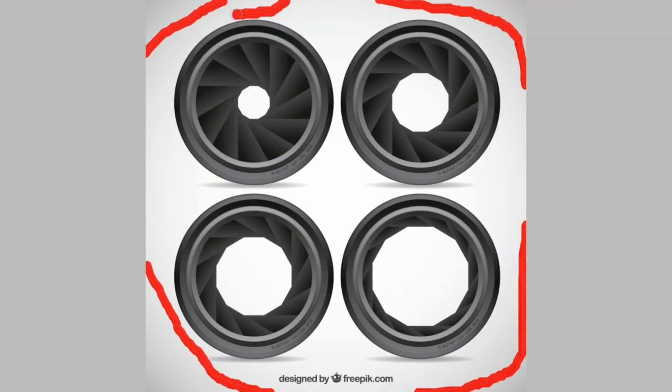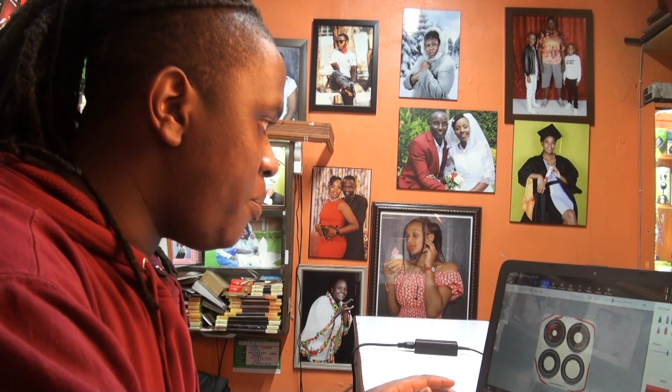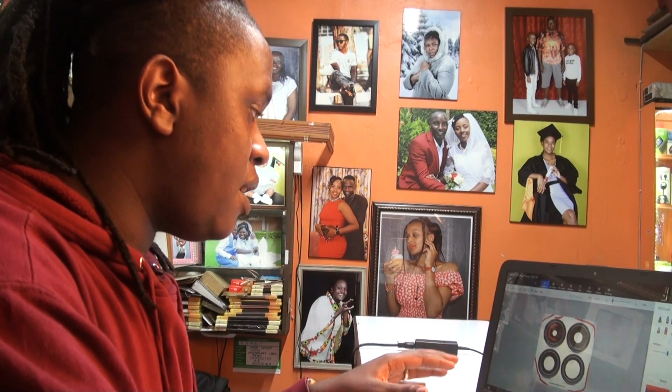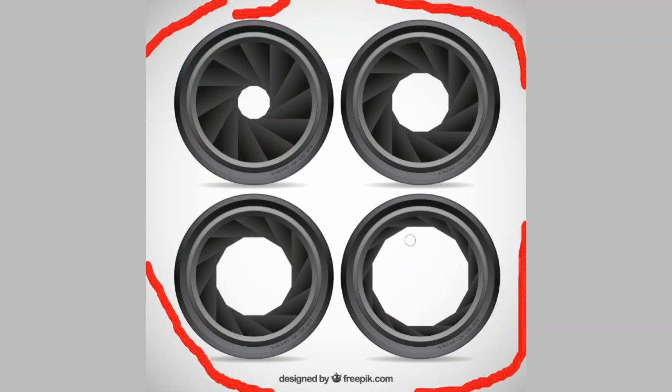I'm going to use a different image for the aperture. It's very simple to explain. It does not consist of all this; all this is just one aperture. When you allow more light into the camera, this is what happens to the aperture: it gets wider, bigger.